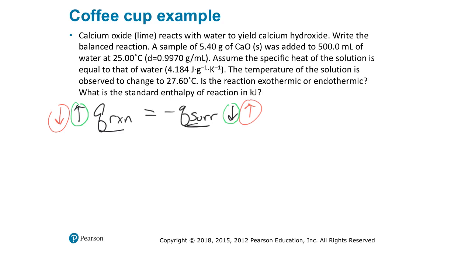So this example here says that calcium oxide reacts with water to yield calcium hydroxide. Write the balanced reaction. That's not too hard, so let's write that out.